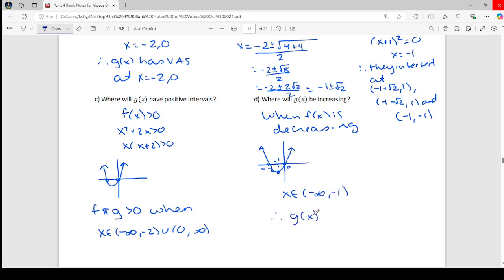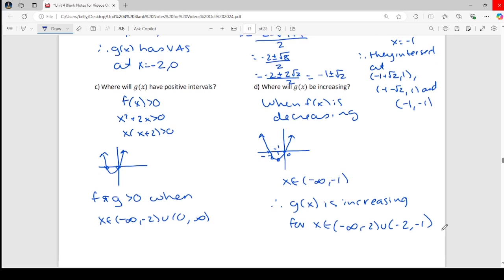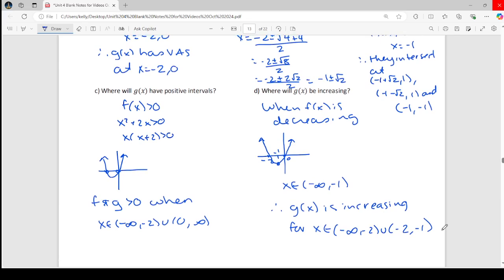Therefore, g of x is increasing, and it's not quite the opposite because we have to take out the VA. Negative infinity to negative 2 and negative 2 to negative 1. Okay, so using those properties algebraically is a slight variation on what we've been talking about for pairs of reciprocal functions.